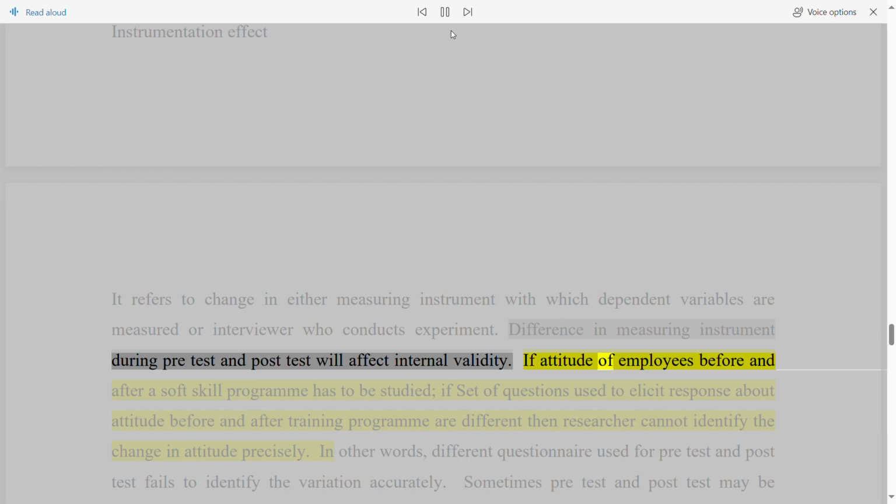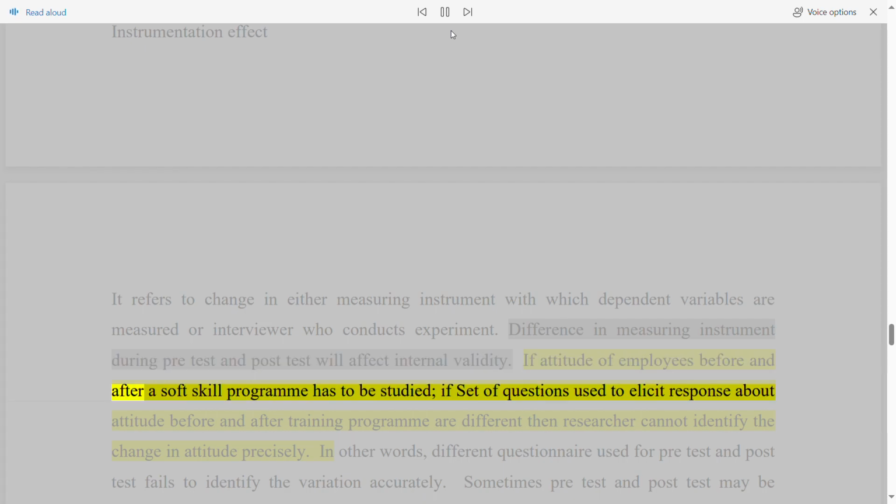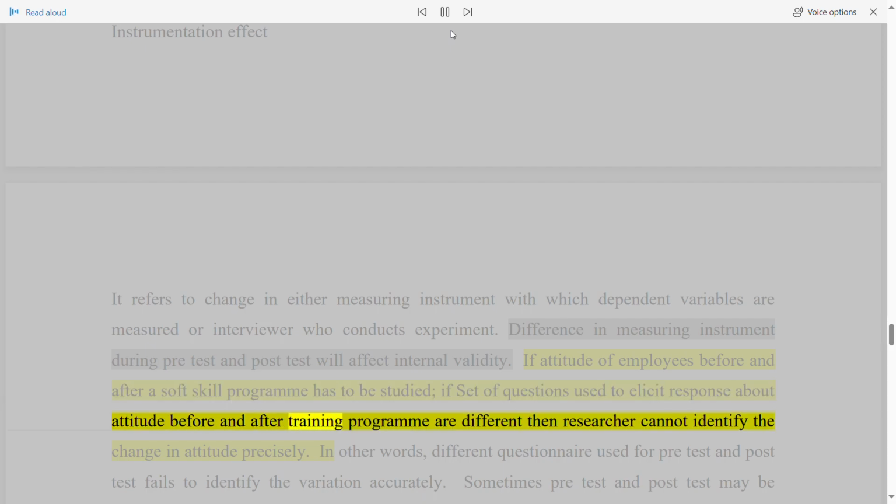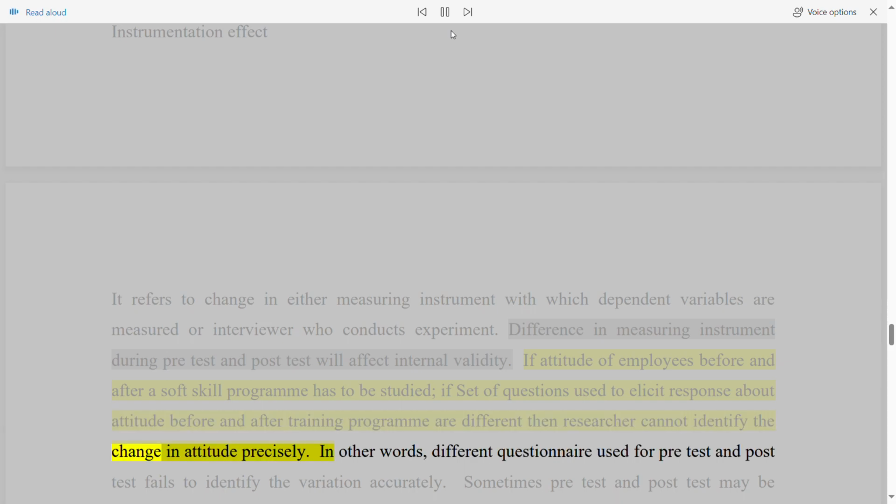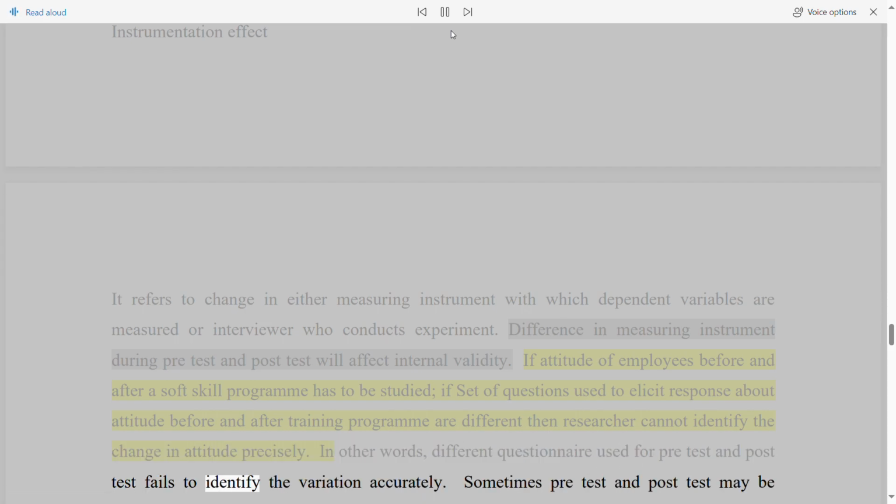If the attitude of employees before and after a soft skill program has to be studied, and the set of questions used to elicit response about attitude before and after the training program are different, then the researcher cannot identify the change in attitude precisely. In other words, a different questionnaire used for pre-test and post-test fails to identify the variation accurately.